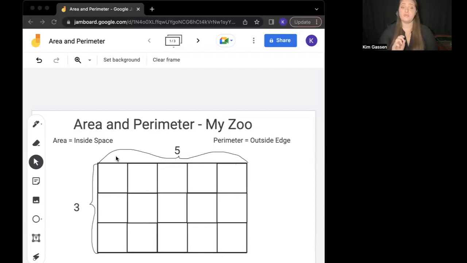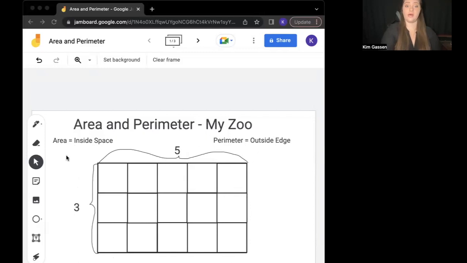Rectangles have two pairs of equal length sides. What does that mean? It means that the short side, that is 3 enclosures long, on the other side of my zoo, that this one will also be 3 enclosures long.